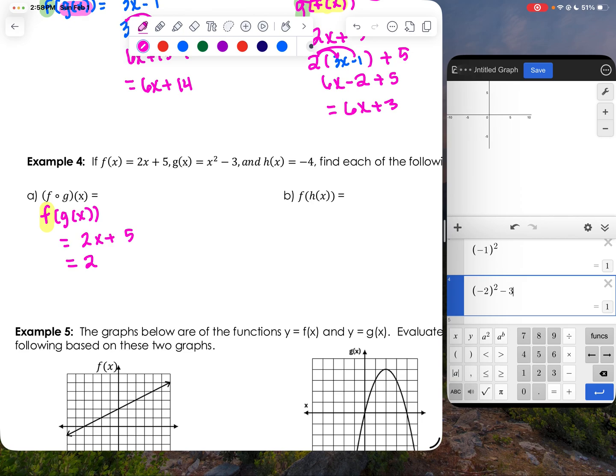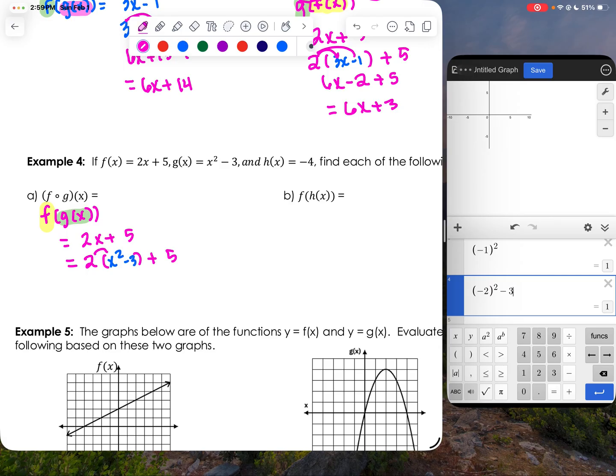Then I will replace the x with parentheses. And if you look back at the original problem, it tells you what to plug into the parentheses. It says to plug in the function g of x, which in this problem is equal to x squared minus 3. So that goes right here. Now you just simplify that.